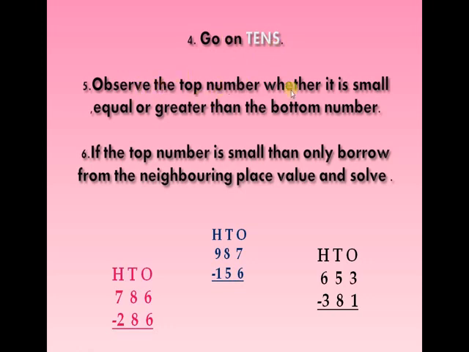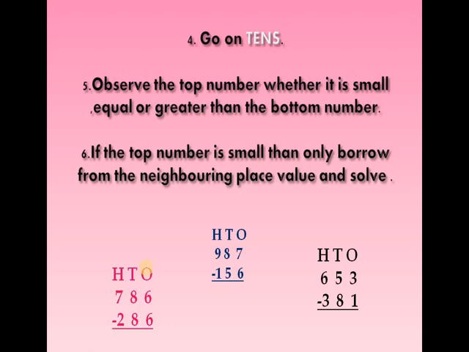Observe the top number whether it is small, equal, or greater than the bottom number. If the top number is small, then only borrow. You need to borrow only when the top number is small. Otherwise, no need to borrow from the neighboring place value and solve. So we are going to solve also right now.